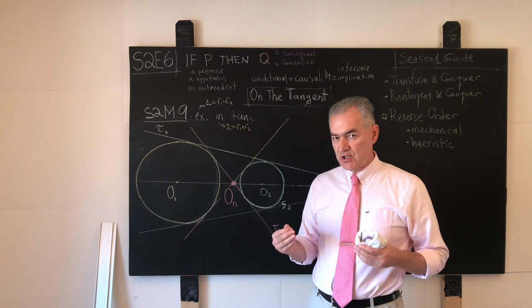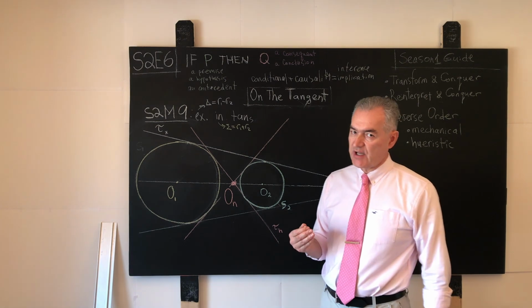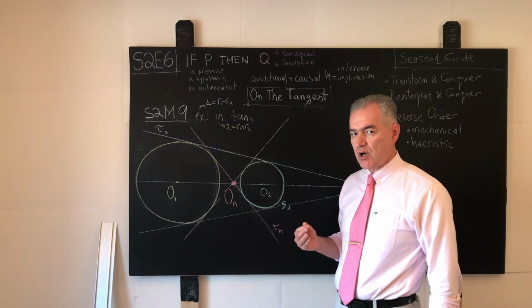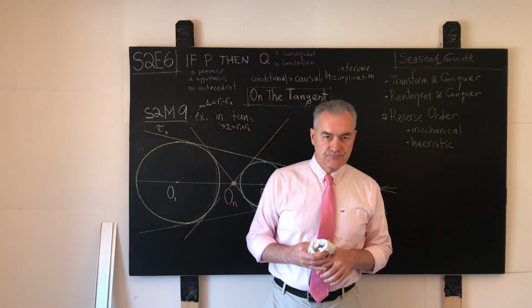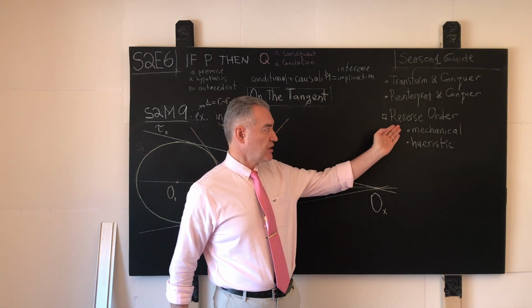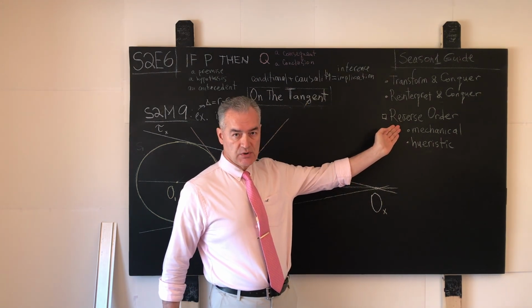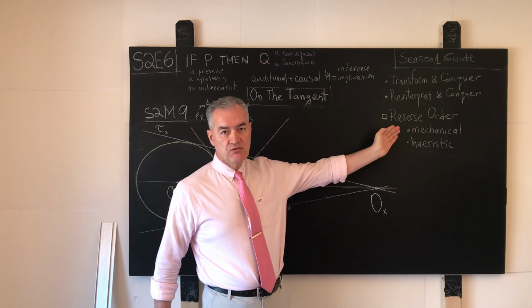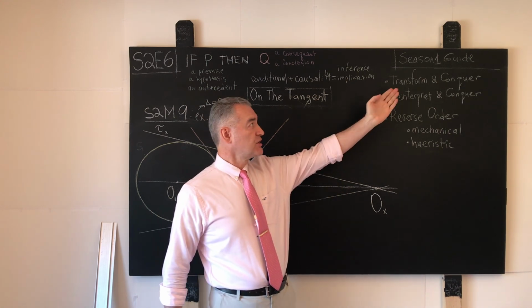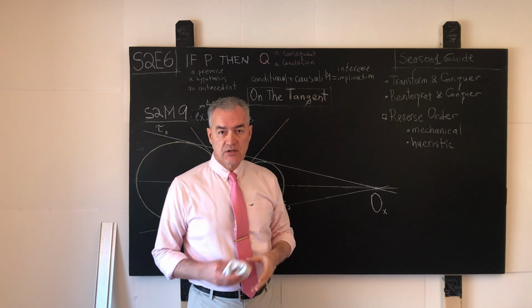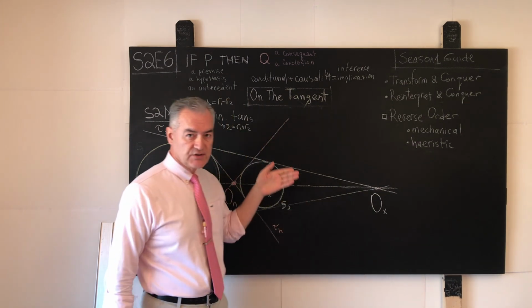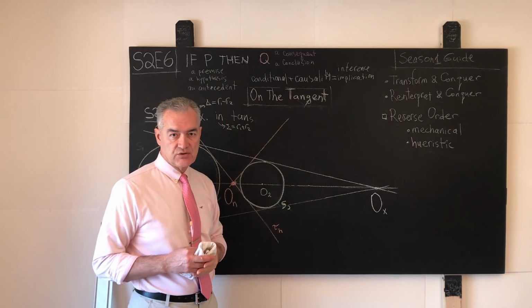In the solution of the problem S2M9 that we discussed in the previous two segments, if we analyze it, we will realize that while solving that problem, we started with the reverse order problem solving approach. Then we actually used the transform and conquer problem solving approach when we executed the parallel translation of the plane.